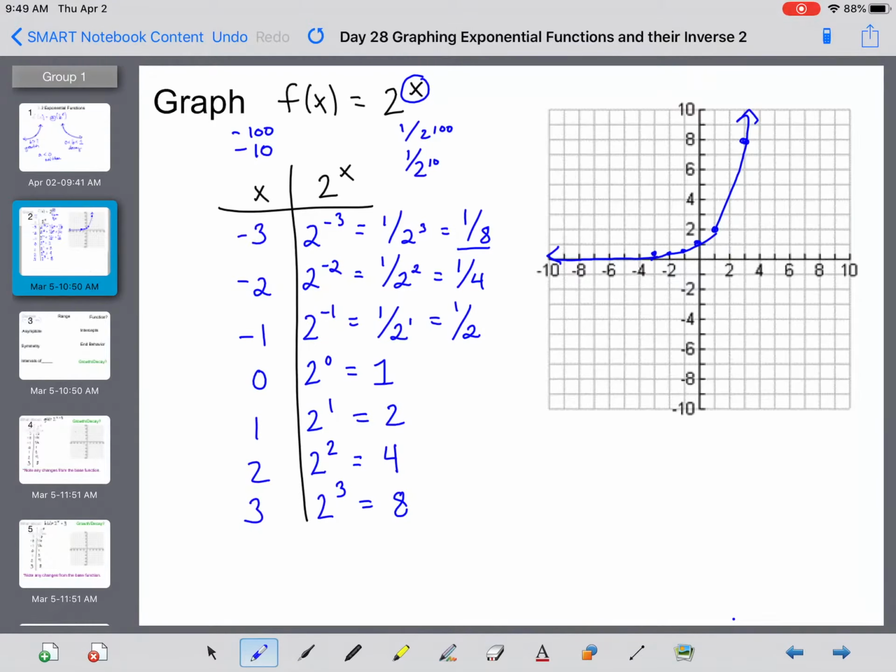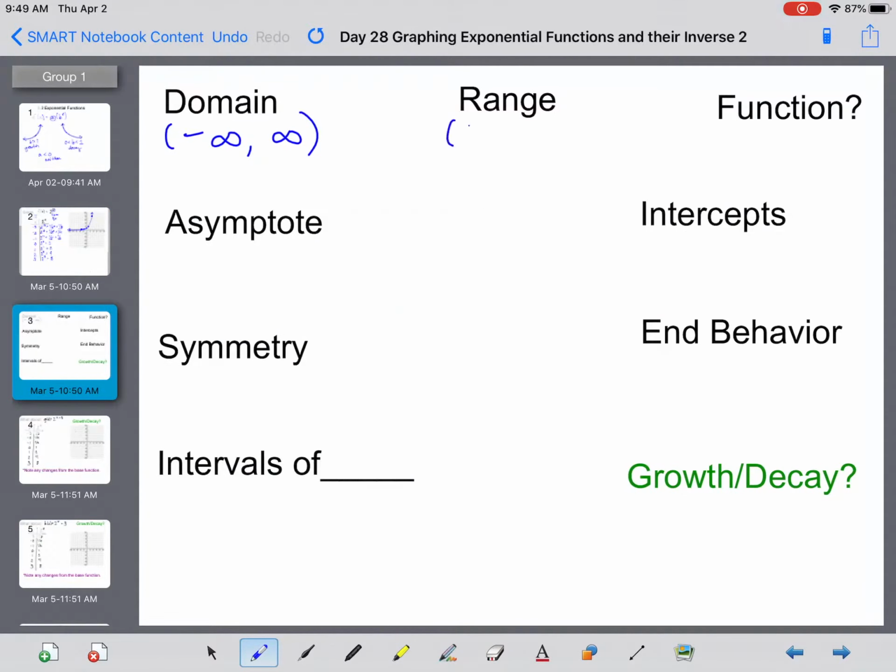And you can actually see that we are getting asymptotic behavior right here with respect to the x-axis. So for my range, my y values are getting really close to 0, but never actually reaching 0. So we would say our range would be 0 to infinity, not inclusive.